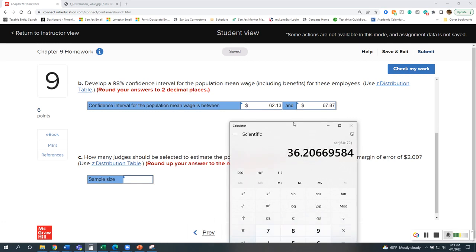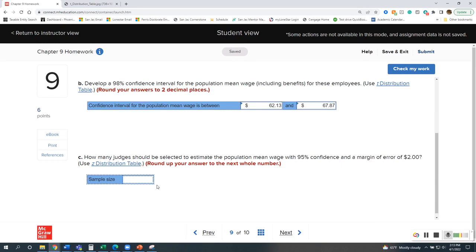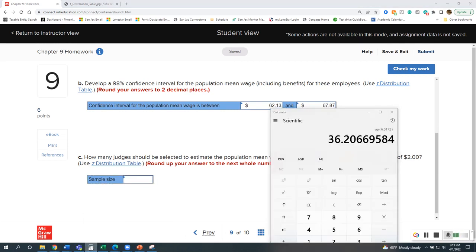So it ends up being about 36.21. Oh, round. Yeah, we got round to the nearest whole. It's a sample size. I'm so used to it now with all those. Yeah. So it's going to be 37.